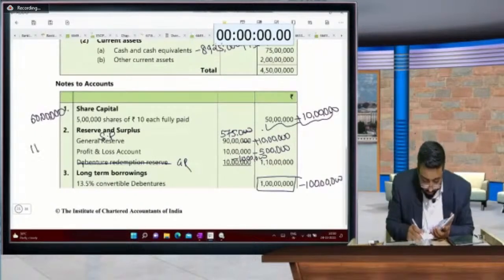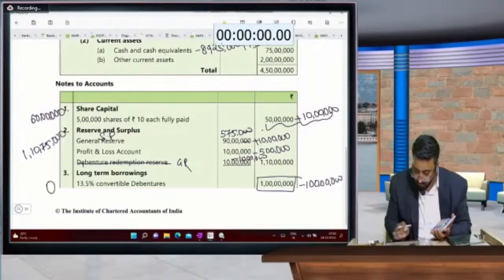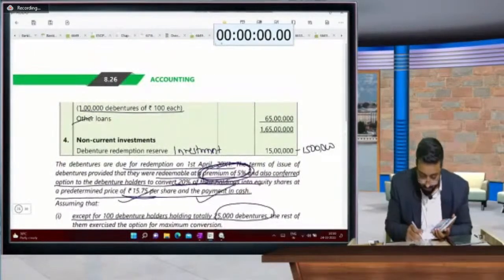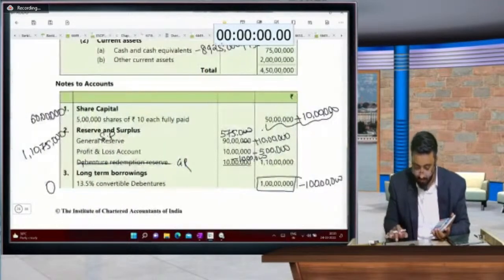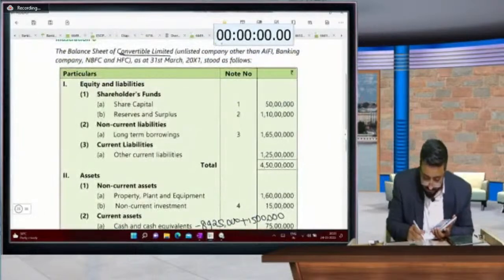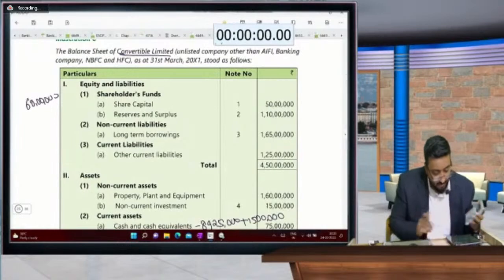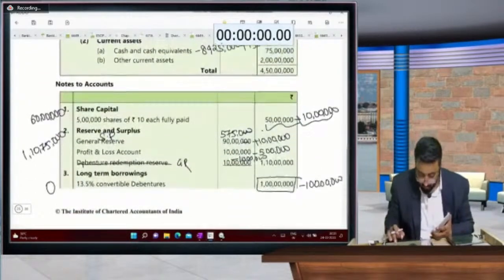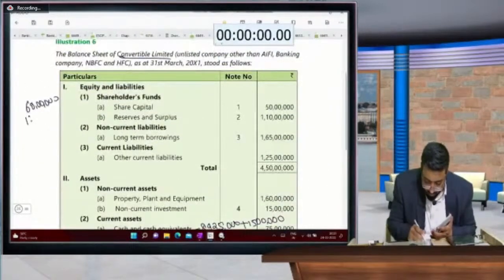So your reserves and surplus is 1 crore 10 lakh 75,000. This is 0. Other loan 65 lakhs. This is again 0. So share capital 60 lakhs.